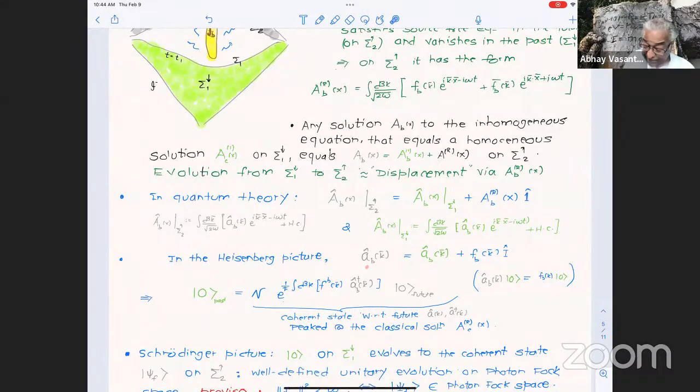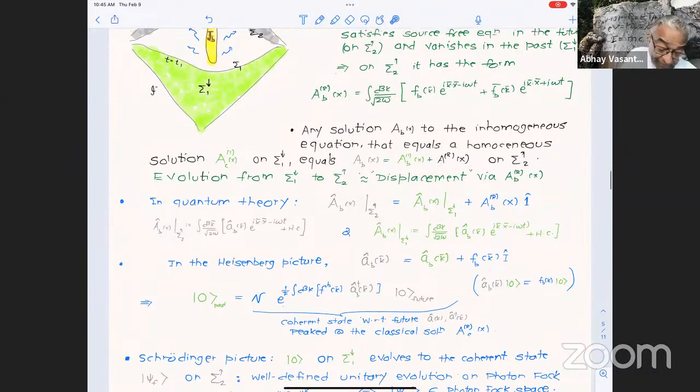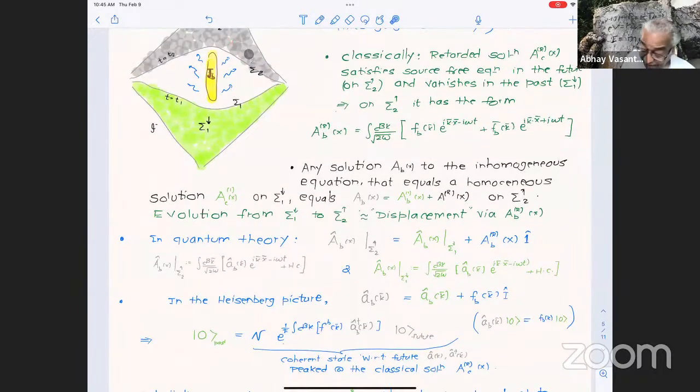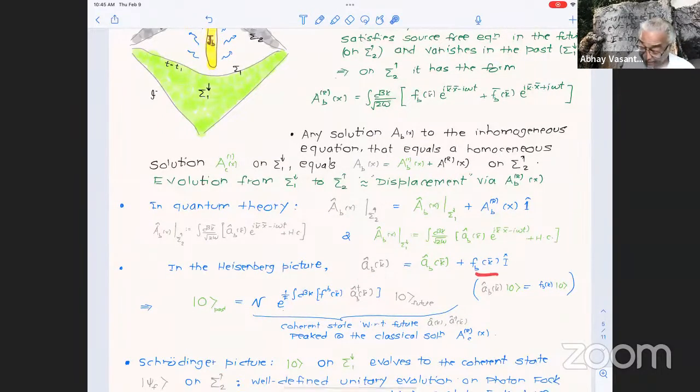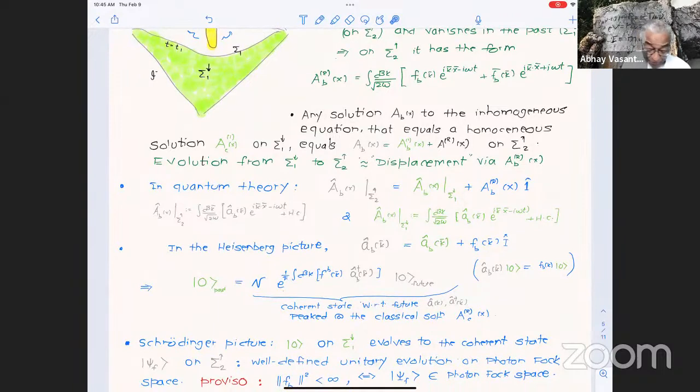Namely, the gray ones are related to the green ones just by the negative frequency part of the retarded solution, which is just FB up here. So just because the solution itself in the future gets an addition of retarded part, the annihilation part gets an addition of the negative frequency part of the retarded solution. So that is the upshot of the evolution up here.